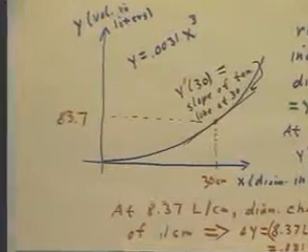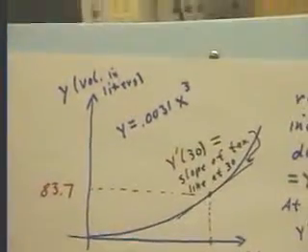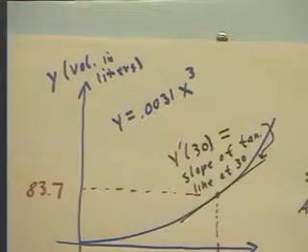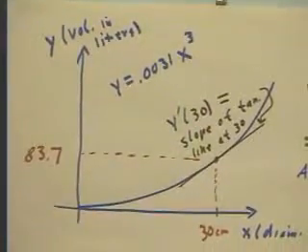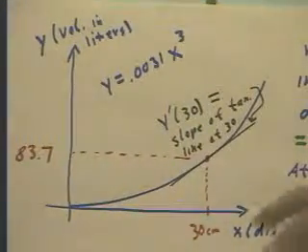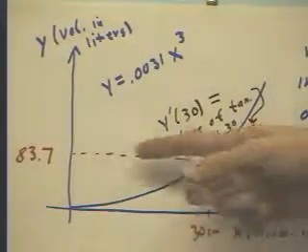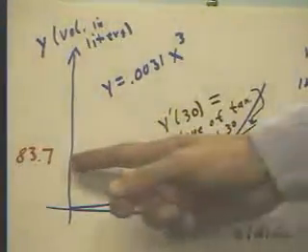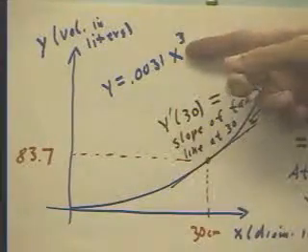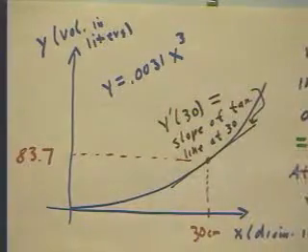we see a graph of volume in liters versus diameter in centimeters. And at 30 centimeters we have the volume of 83.7 liters, just plugging 30 into this function for x.